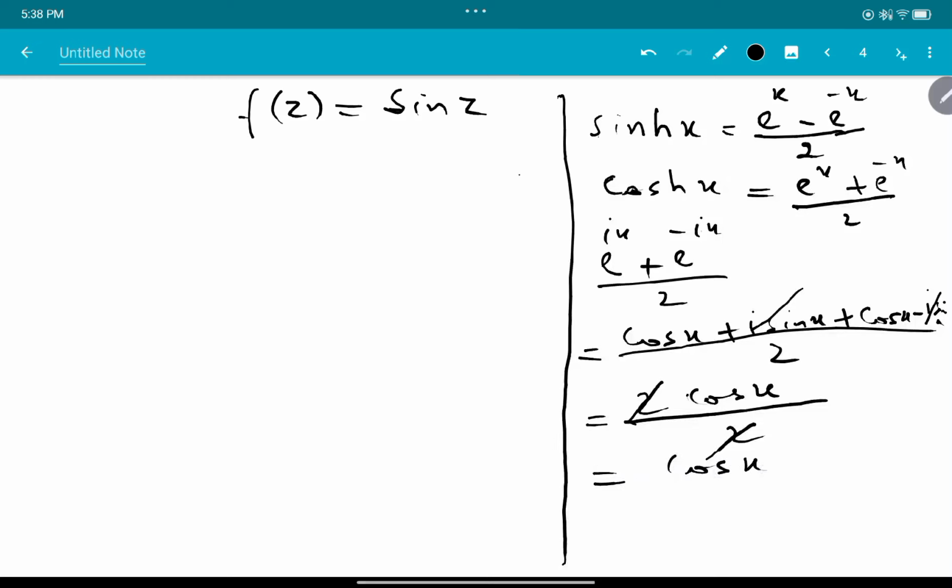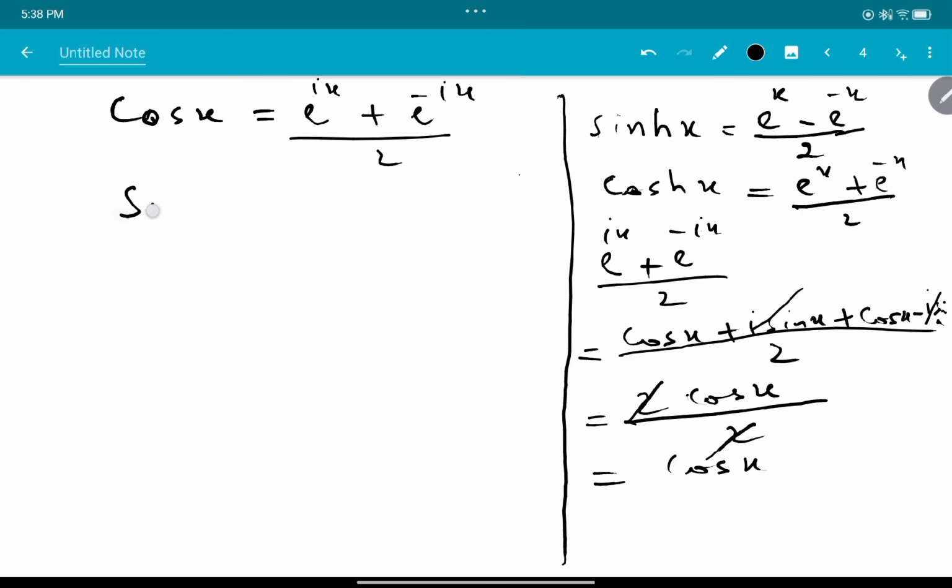What do we find then? That cos x is equal to e raised to ix plus e raised to minus ix, divided by 2.